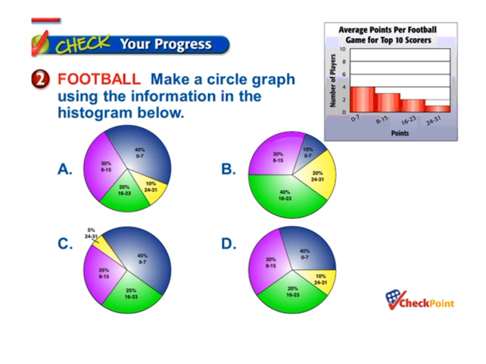I'll make a circle graph using the information in the histogram below. So there's the histogram off to the side, and then we'll decide which one of these graphs looks the most like it. Well, it looks like there's 10 players that we're talking about. So in the first area, there's 4 out of 10. In the next area, there's 3 out of 10.